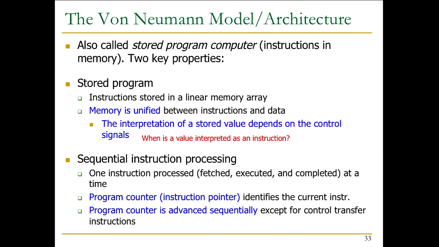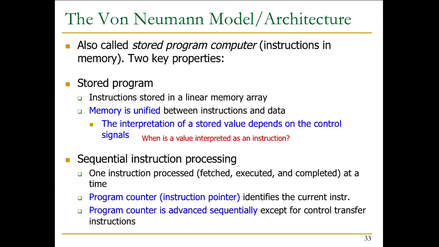The next instruction doesn't start before this instruction finishes. It's sequential, and somebody needs to orchestrate that sequence. That orchestrator is the program counter or the instruction pointer. Instruction pointer is a nicer name, I think, because it's a pointer to the address of the instruction that's going to be fetched and executed next.